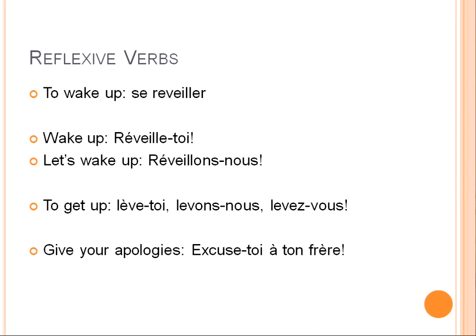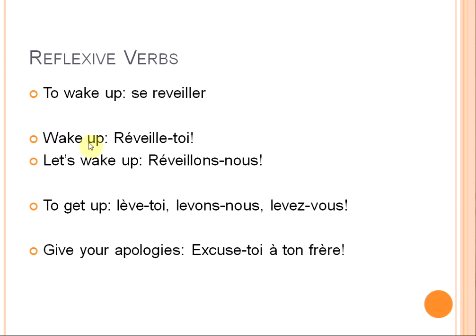With reflexive verbs, it's interesting to know how to get the imperative mood from them. It's interesting because some verbs are reflexive in French but not in English. For example, here we have the verb to wake up. In French it's a reflexive verb but not in English, because in French we say to wake oneself, se réveiller.